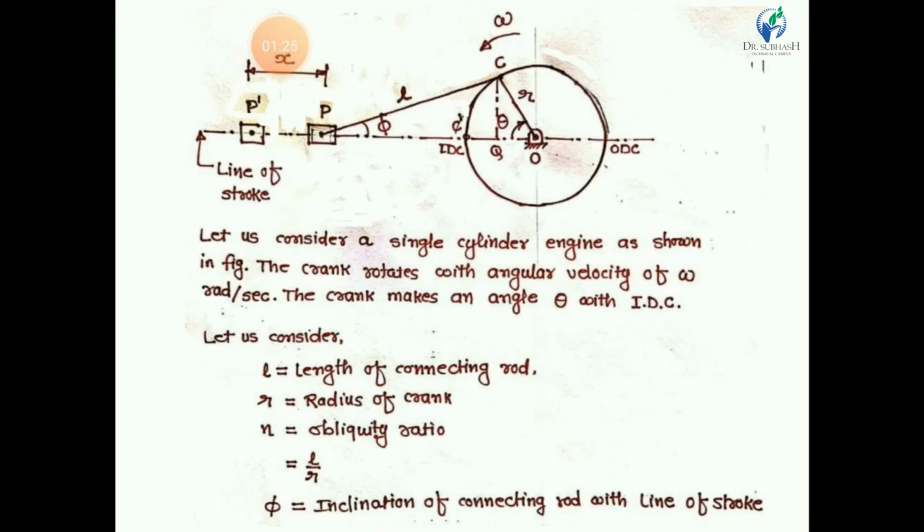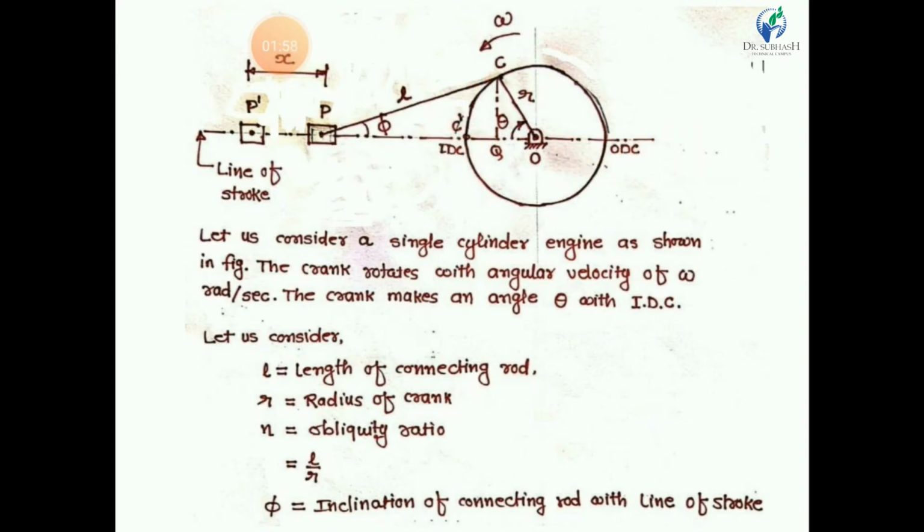Let us assume another thing: the crank is rotating with a uniform angular speed omega in the anti-clockwise direction, and in the initial condition, the crank OC makes an angle theta with the inner dead center.